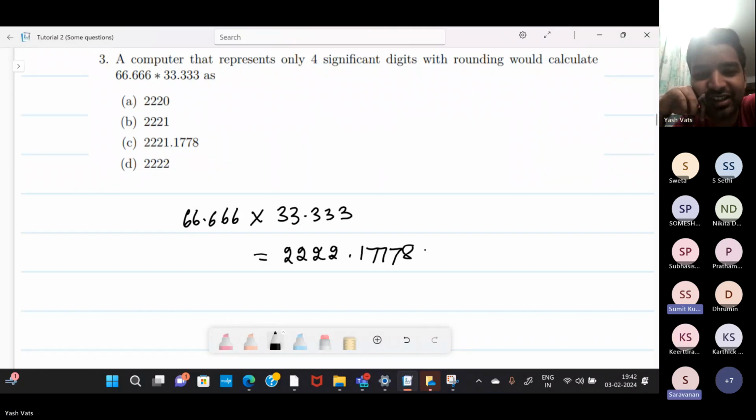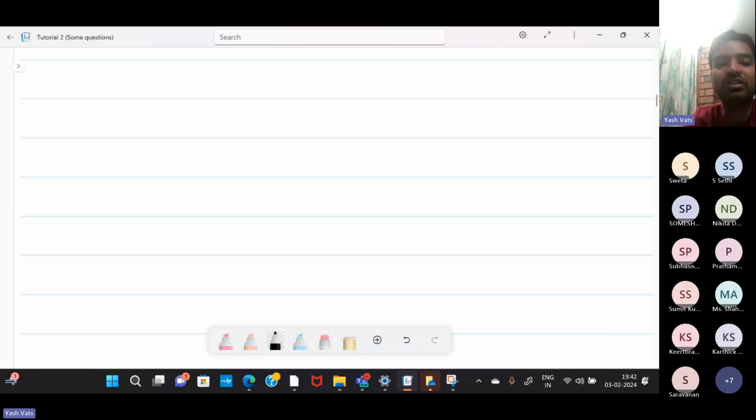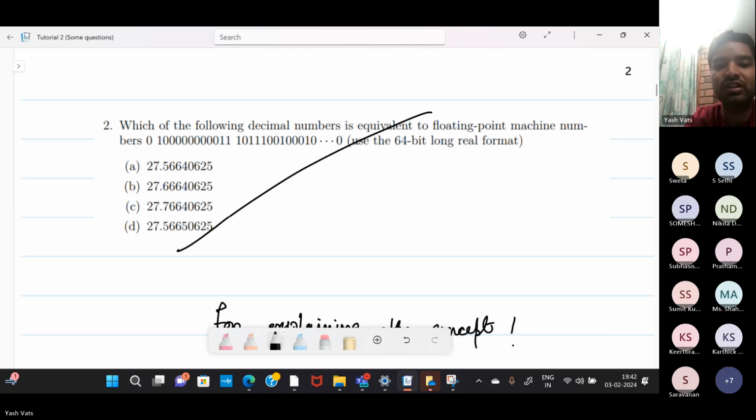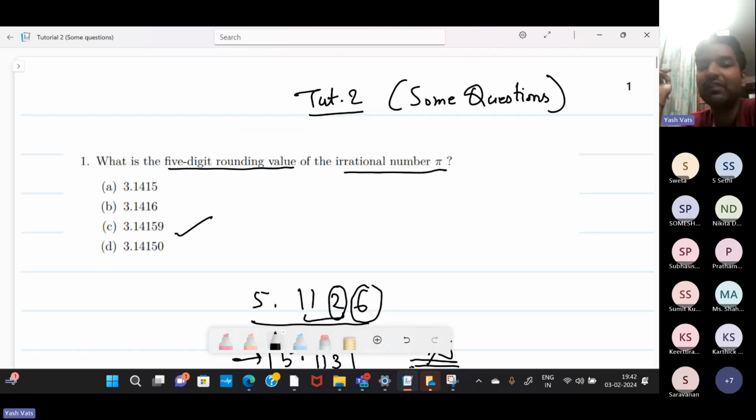Before that, it's just saying 4 significant digits with rounding. It is not saying like in the previous question, the first question, where it's saying 5-digit rounding value. So it means correct up to 5 decimal places. It means that in the first question.